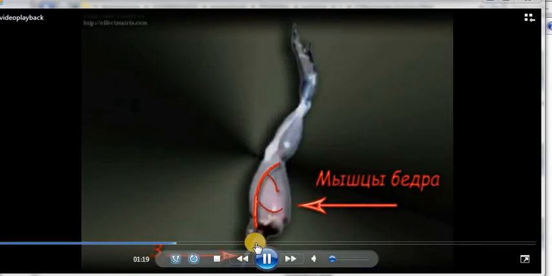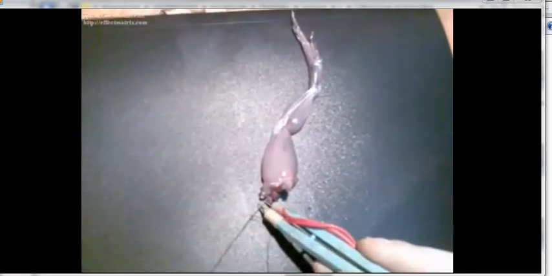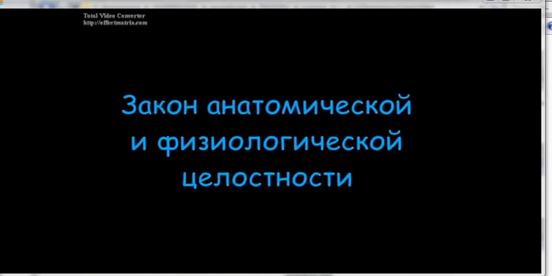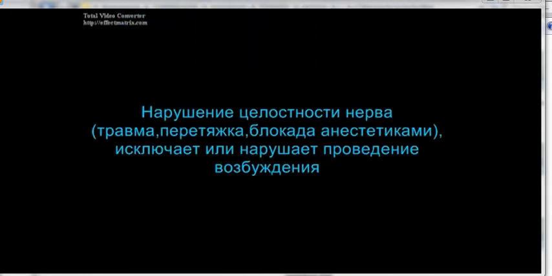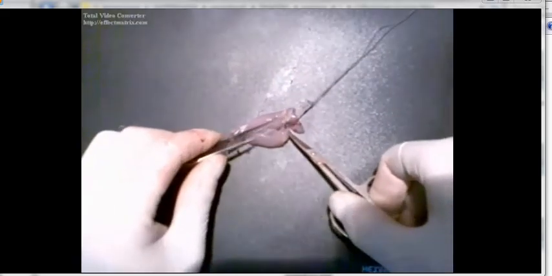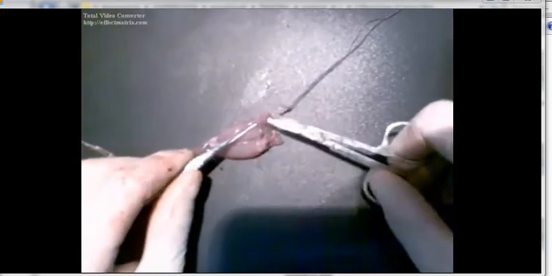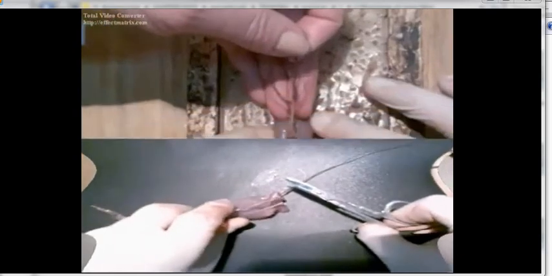Here you see this nerve fiber innervates only muscles of the hips. And the next law is about anatomical integrity, and why it is very important. If we cut the nerve, the signal can't move through this nerve to the tissues.